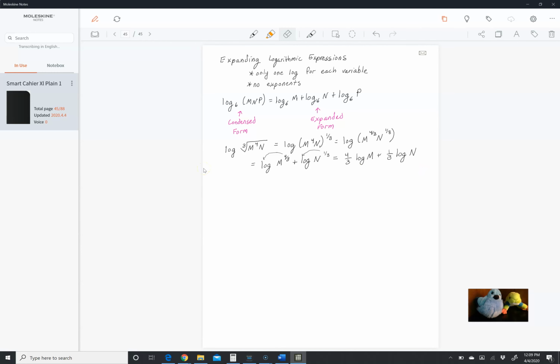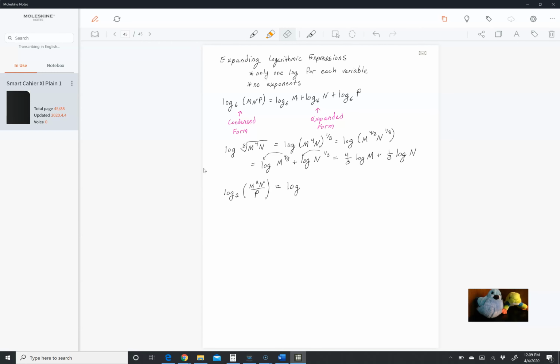Let's say that we have log base 2 of m squared n over p. If you have log base 2 of m squared n over p, then we're going to break this up in pieces.